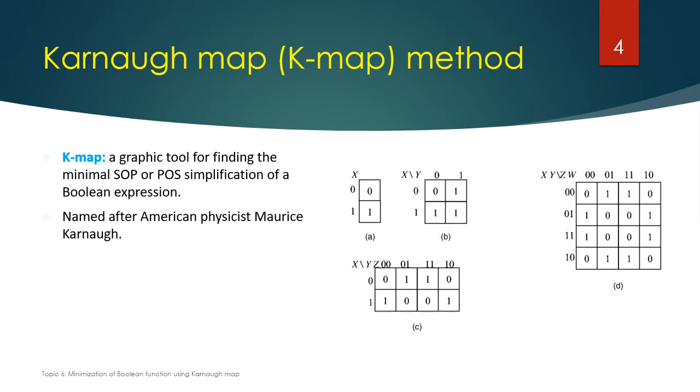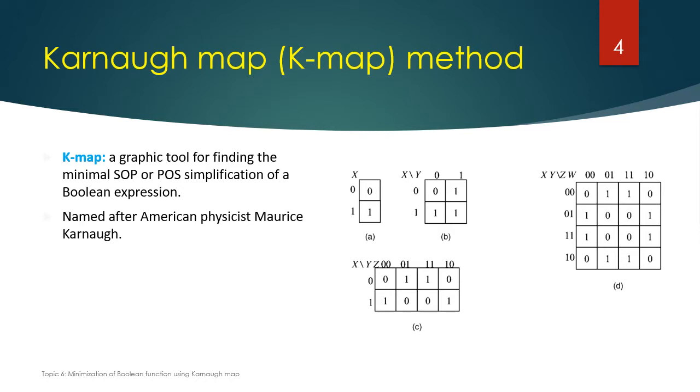This is a graphic tool for finding the minimal SOP or POS simplification of a Boolean expression, and it's named after its inventor, the American physicist Maurice Karnaugh. On the right, just to show you some examples of the Karnaugh maps.